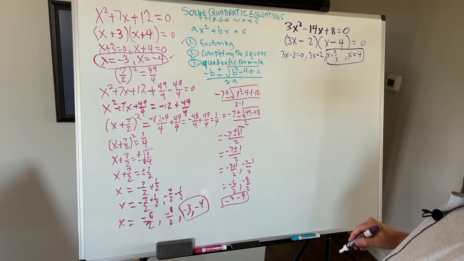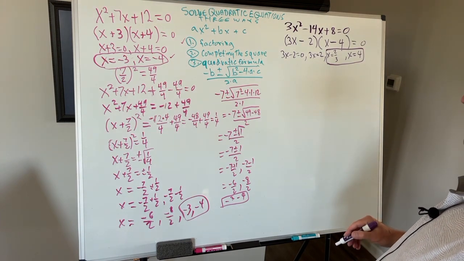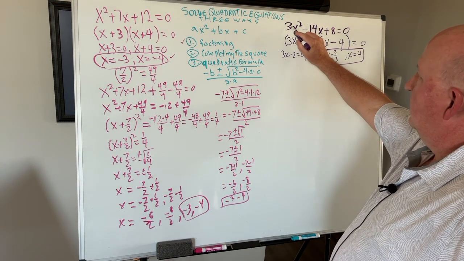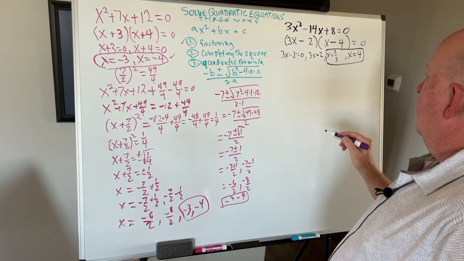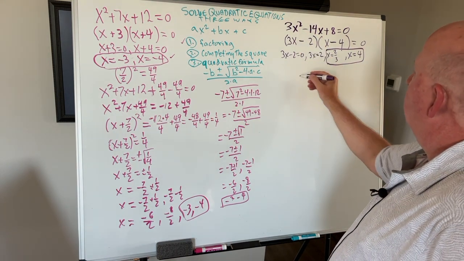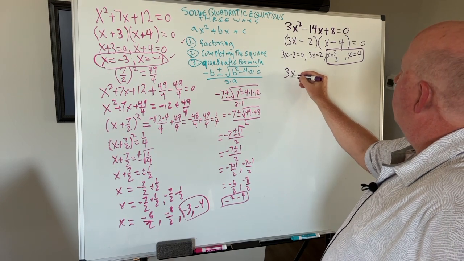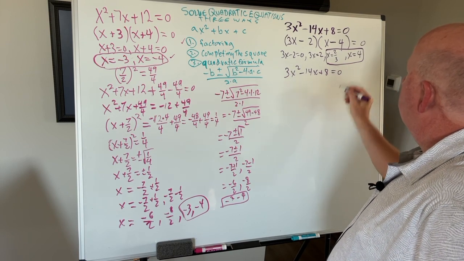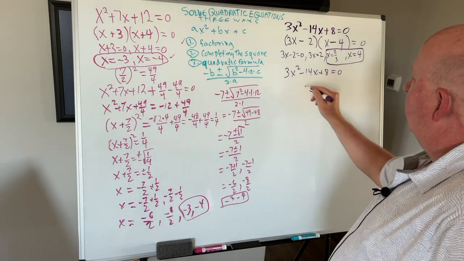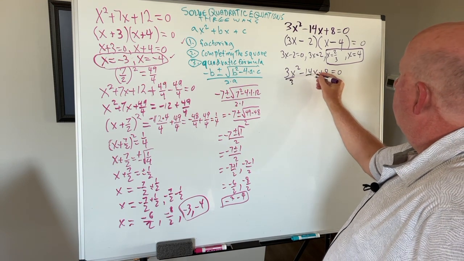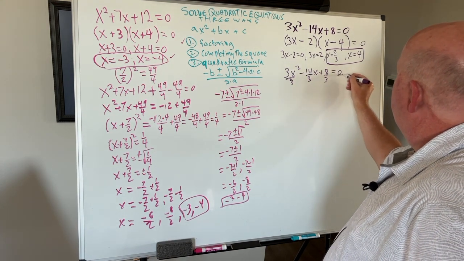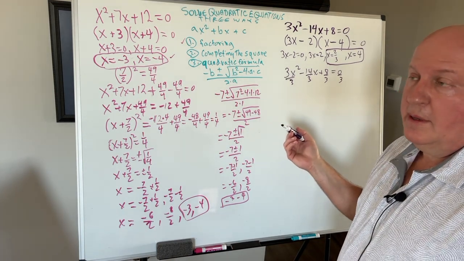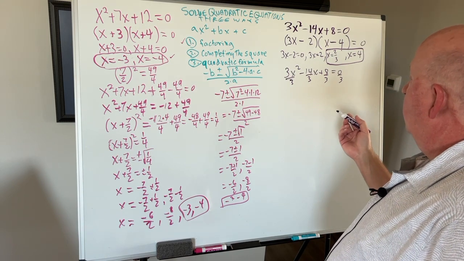Then completing the square is a little tricky because it only works if a is equal to 1. But the thing that's nice is that with 3x squared minus 14x plus 8 equals 0, I can divide all these terms by 3 and I still have the same equation, it doesn't change the equivalency.